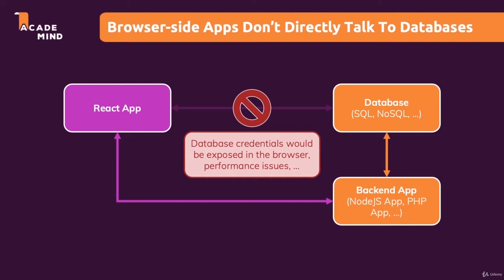And then you have a safe connection to the database because the credentials are on this backend app. And for talking to the backend app, no security relevant details are needed. This is how this works, and this is what we're going to see in action in this course module.